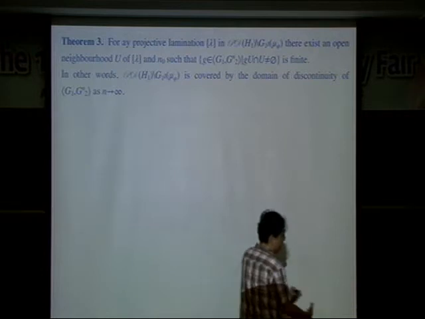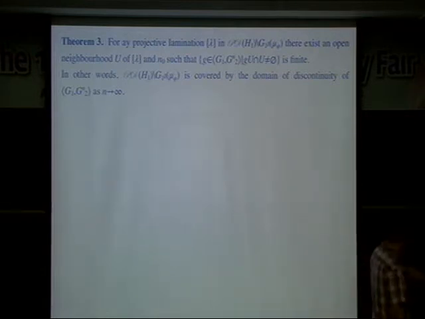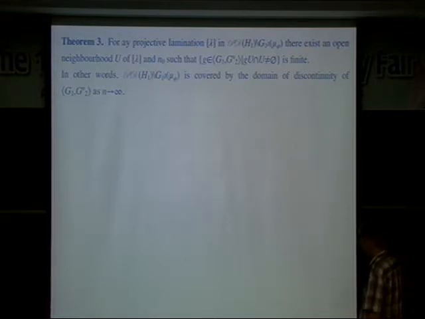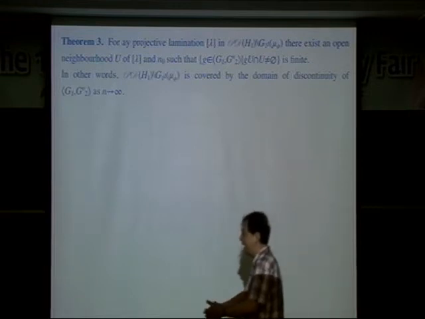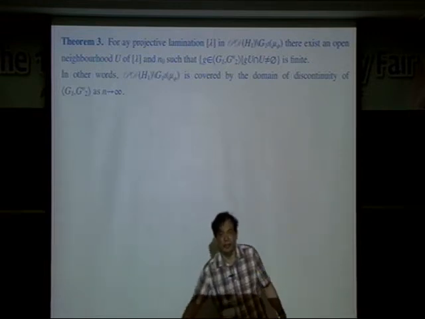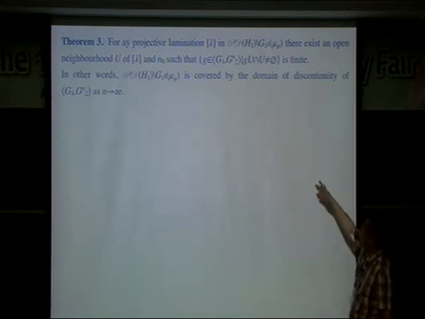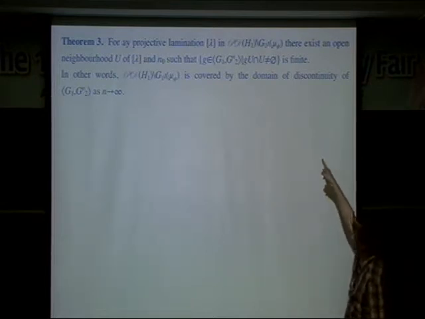So if you consider the Heegaard splitting obtained by twisting the standard Heegaard splitting by the n-time iteration of the pseudo-Anosov map, then the domain of discontinuity gets larger and larger as n goes to infinity. And eventually it covers some set like that.